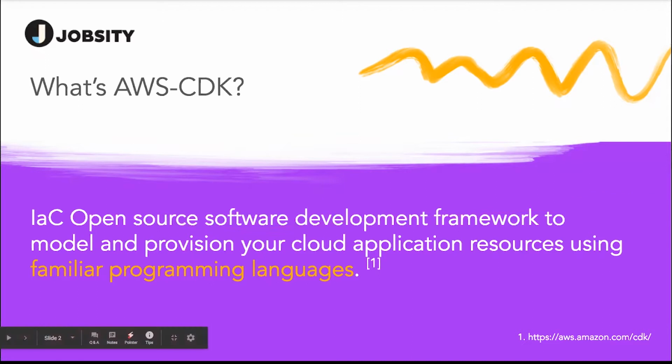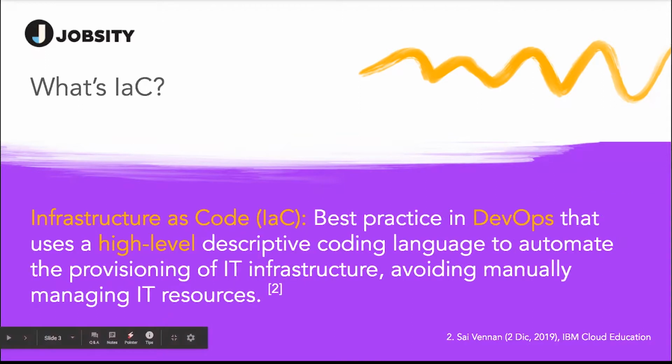Okay, another concept is IaC. It means infrastructure as code, and basically it is a best practice in DevOps that uses high-level coding languages to avoid manually creating or managing IT resources, right? When you are creating an application, you need to think not only about what the code does, but also how it's being used.